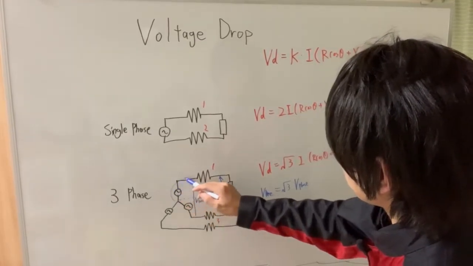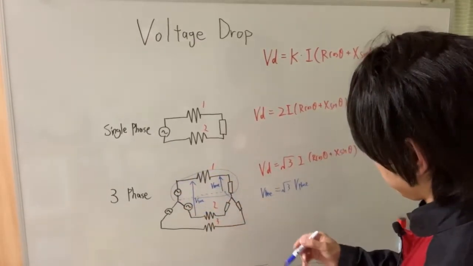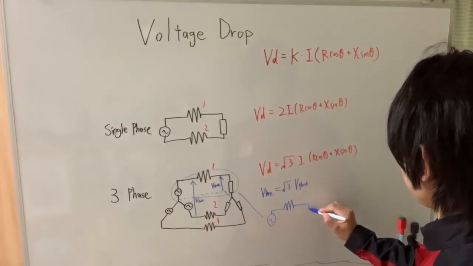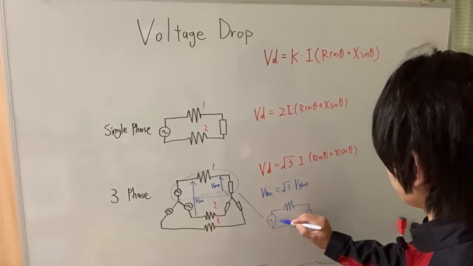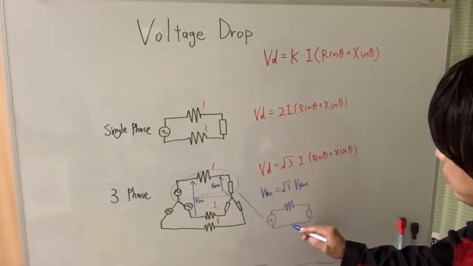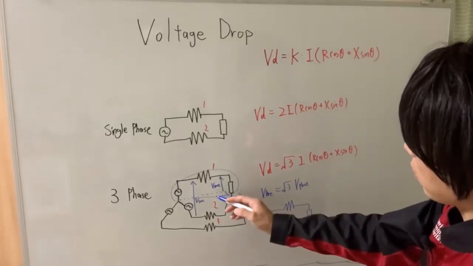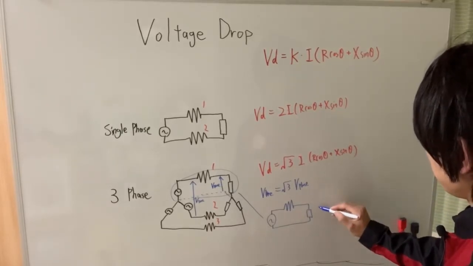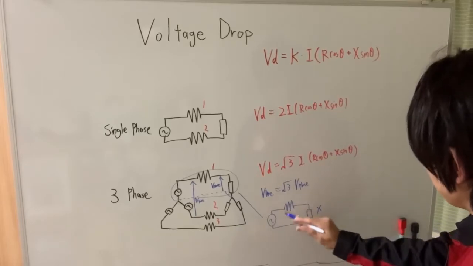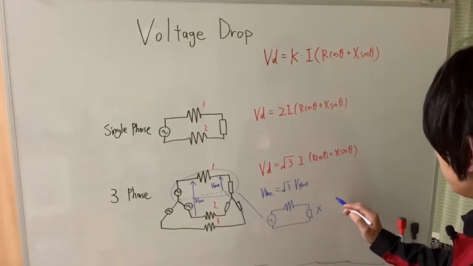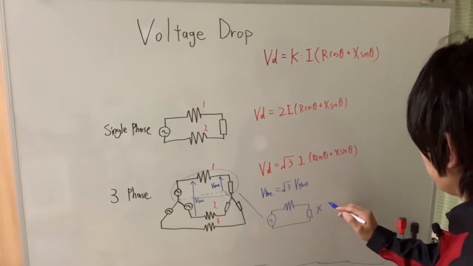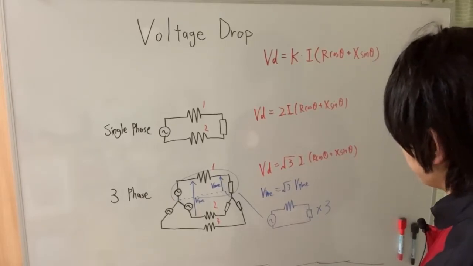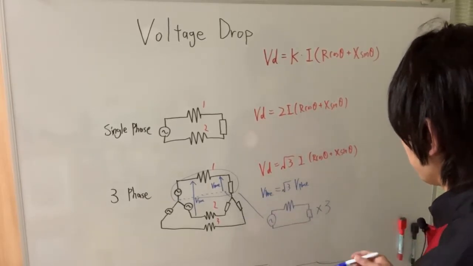Pick up this single phase circuit. This is just the simple circuit, and there is no current in the neutral of the three-phase circuit. And this simple circuit times 3 is the total voltage drop on the three-phase circuit.